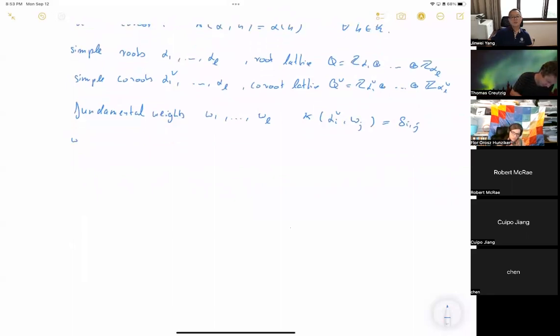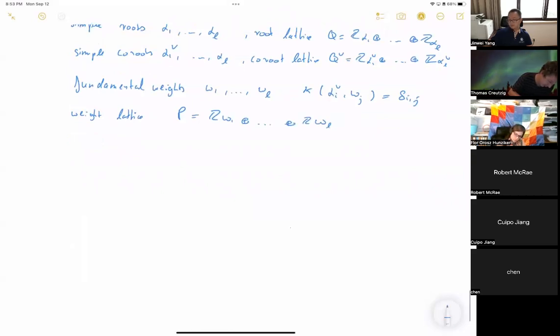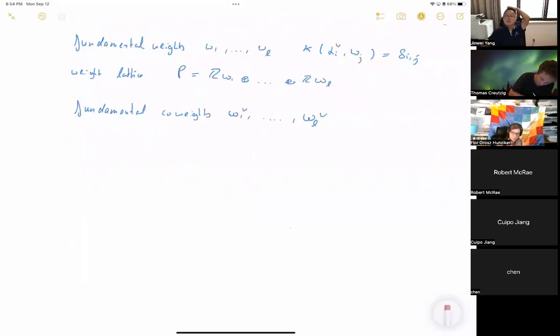And then we have the corresponding weight lattice, which I denote by P. And finally, we have the fundamental co-weights, which are the natural duals to the roots.